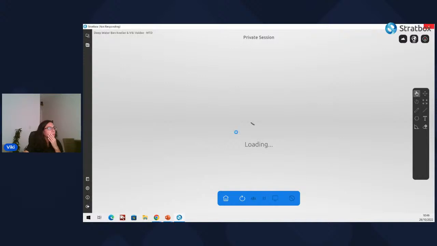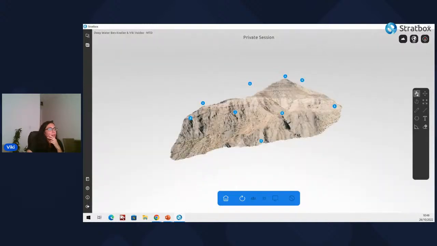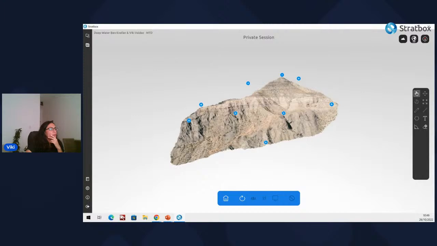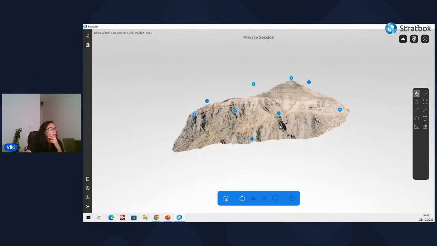It will take some seconds. Here we are. So before starting to play with this model, just let me show you how this large mass transport looks like in seismic again.